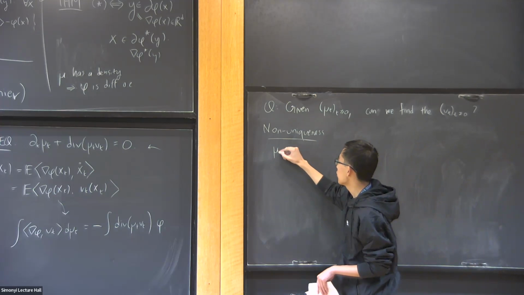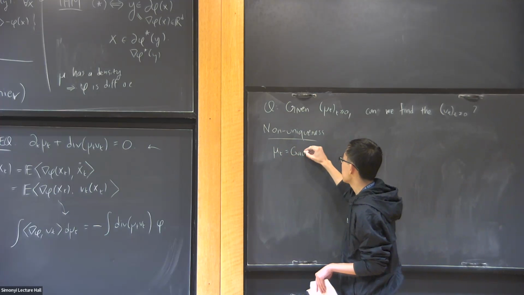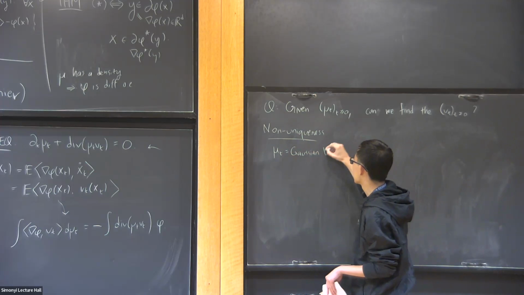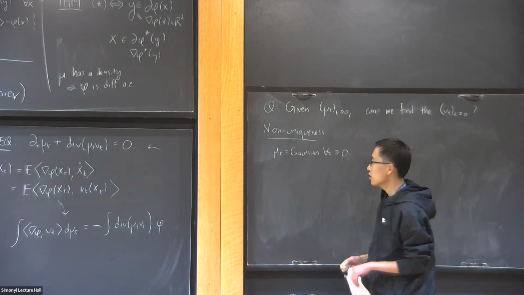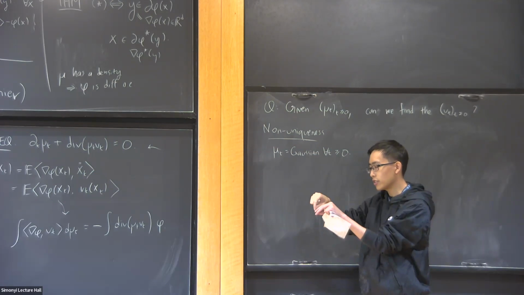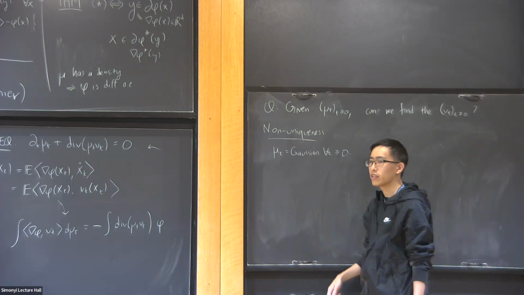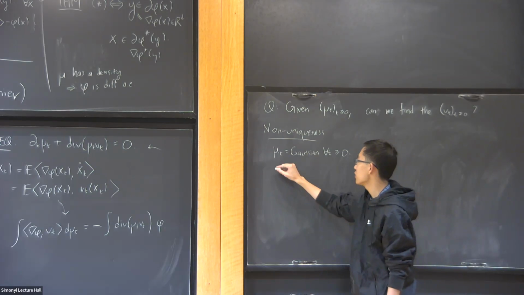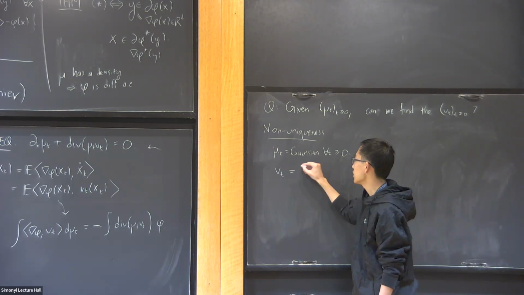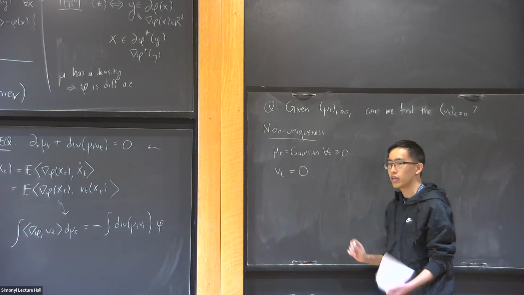Let's suppose our curve of measures is just the standard Gaussian for all times t. So as a curve on the space of distributions, it's just a constant curve. It's not moving anywhere. So there's an obvious choice of vector field which will give rise to this, and that's just the zero vector field. They're not moving.